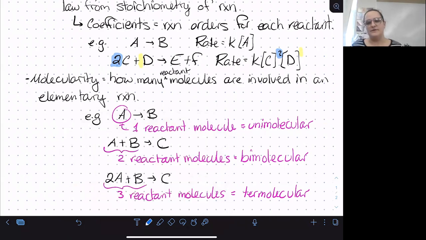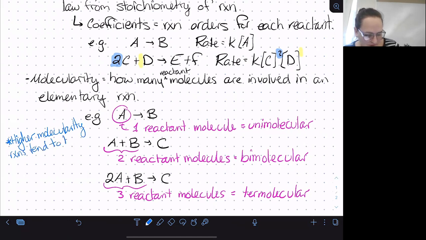So this is just another way of describing an elementary reaction. And the reason why this is useful in some ways is that higher molecularity reactions tend to be slower. And in fact, elementary reactions above bimolecular are not very common because they tend to be so very slow.